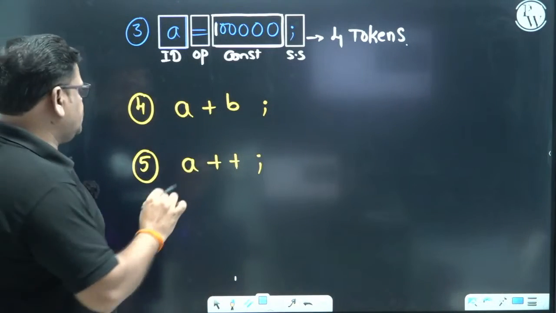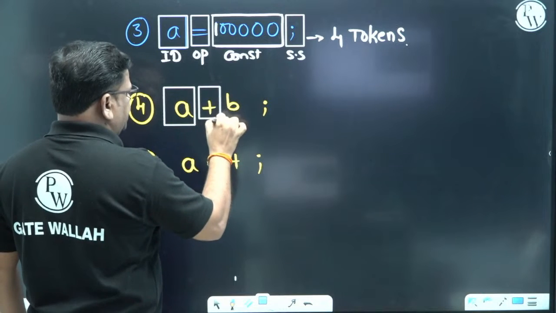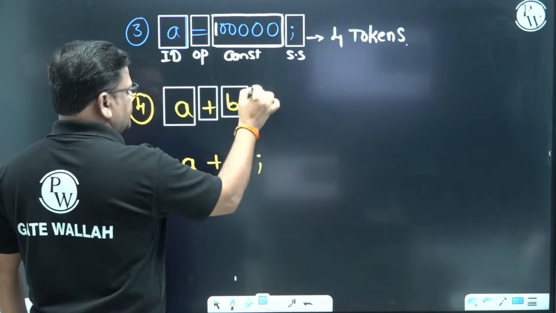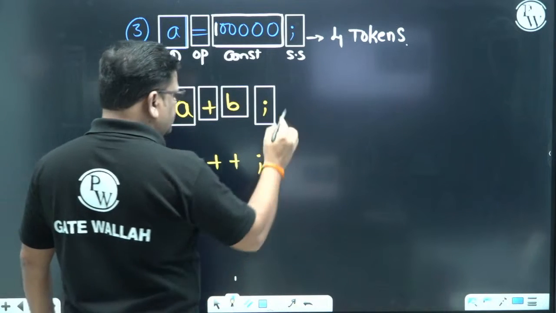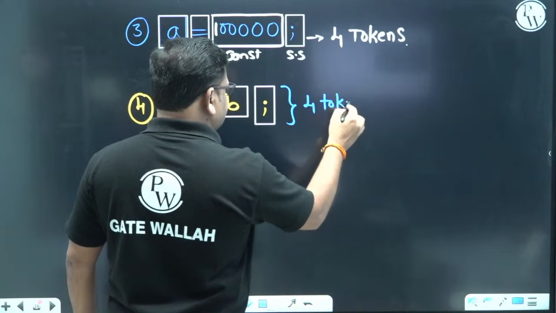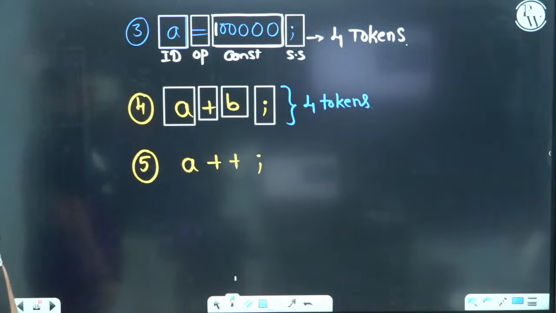Whenever we have it like this: identifier, operator, identifier, special symbol. The number of tokens we can get for this is 4 tokens. How many tokens will we get for the 5th one?